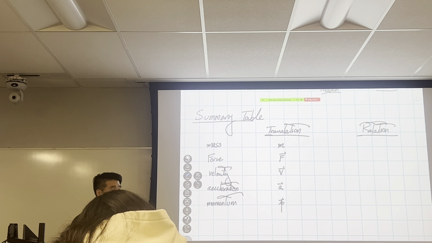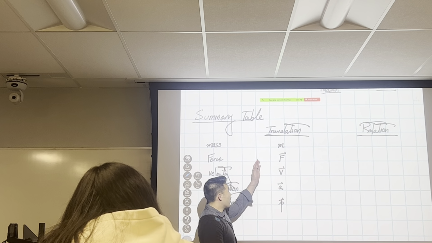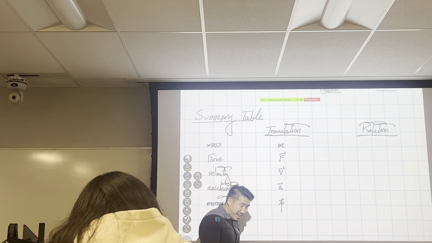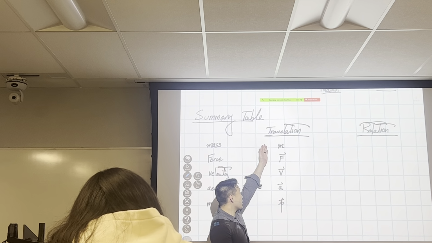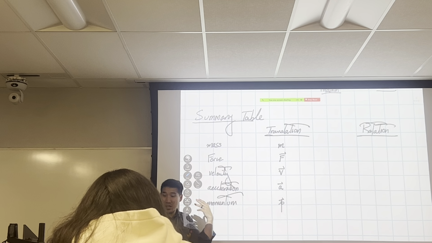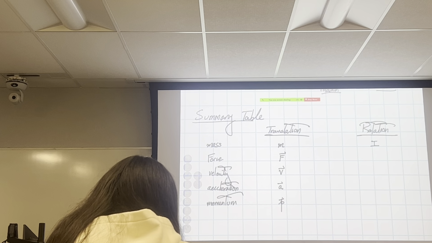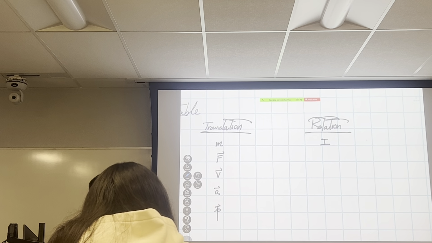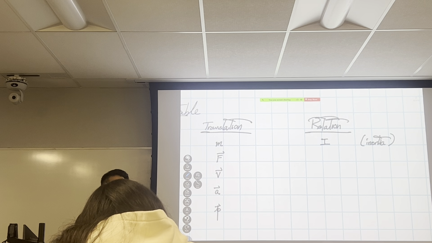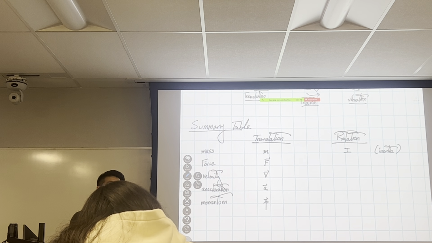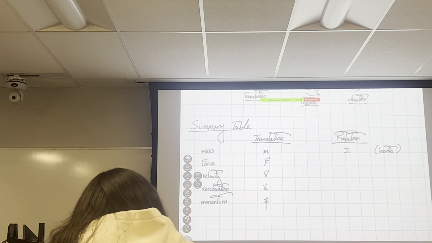For rotation, at least in terms of the math, all we're doing is rewriting this with a different notation. For mass, we're going to call it I. This is inertia. There is rotational force. We don't call it force, we call it torque.